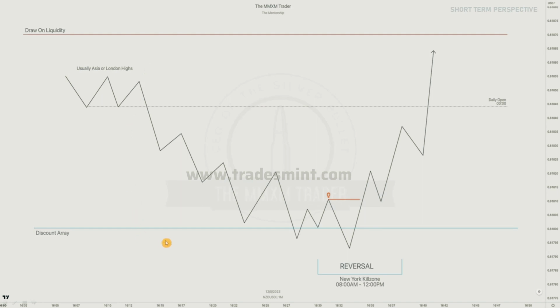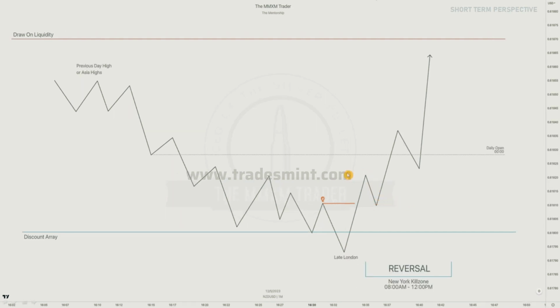And then we wait for that discount array to happen in that specific time zone. So 8 a.m. to 12 p.m. This is where the reversal can occur. So over here we hit that array, right? The discount array. We break structure up inside the kill zone, and then we're going to be looking for our setup. So same structure over here again, right? Only one difference, the time window is extended to the right a little bit further, right?